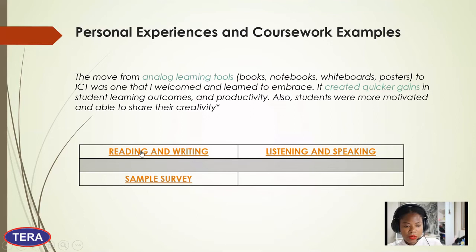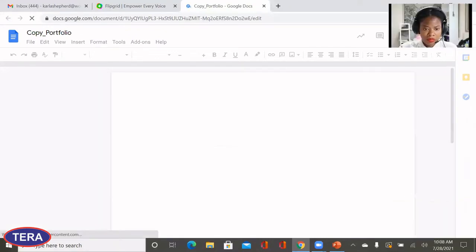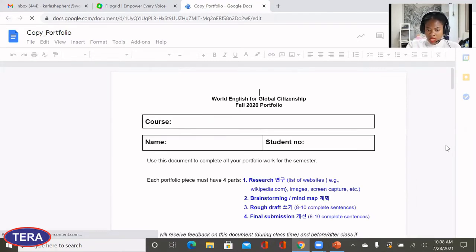Okay, so let's start with the reading and writing. This is via Google Docs. Okay, so this is a writing portfolio.